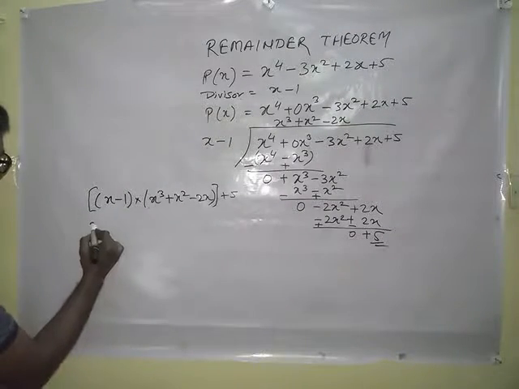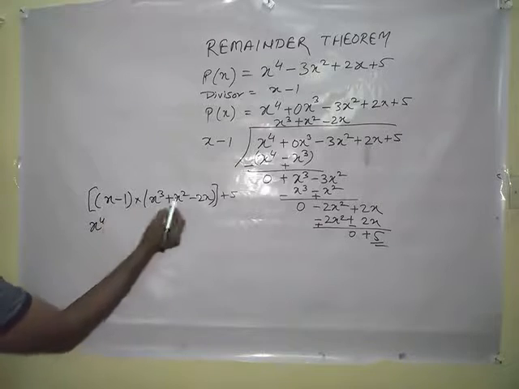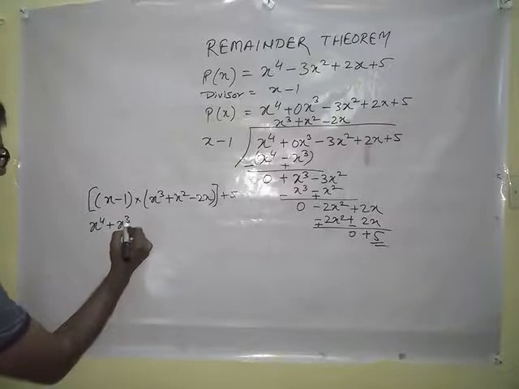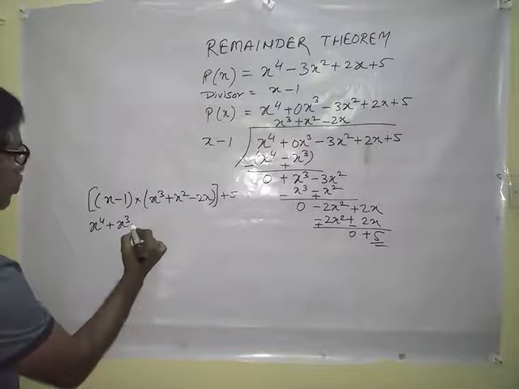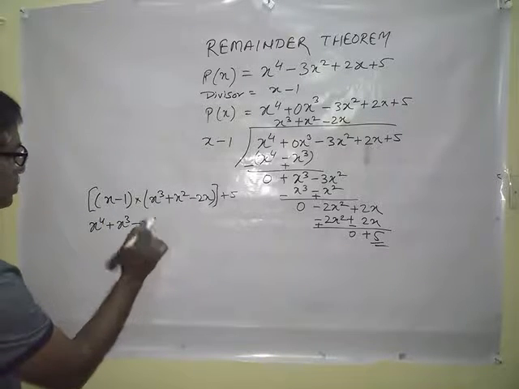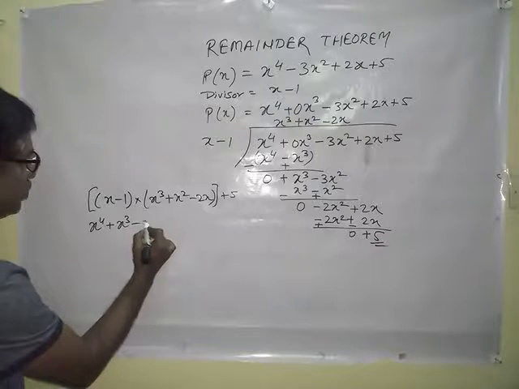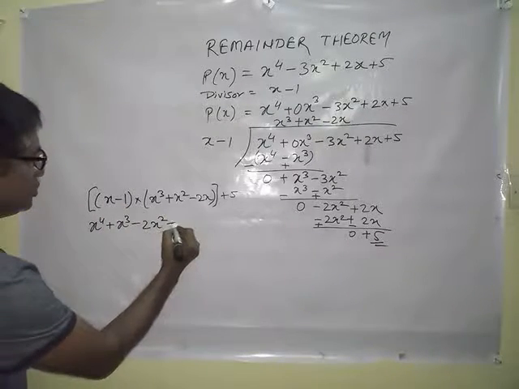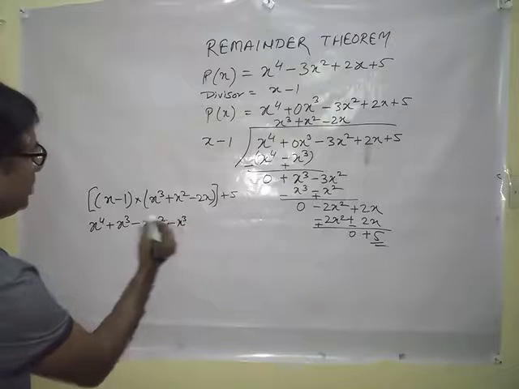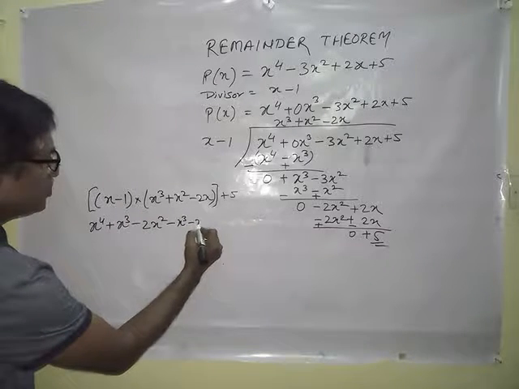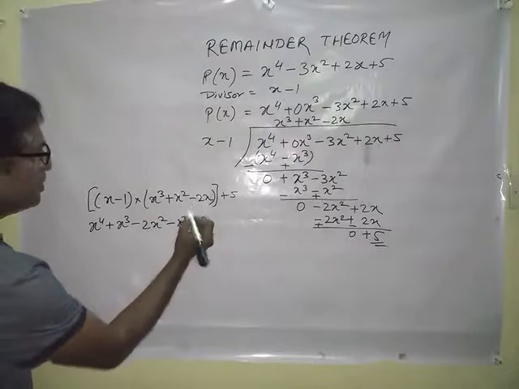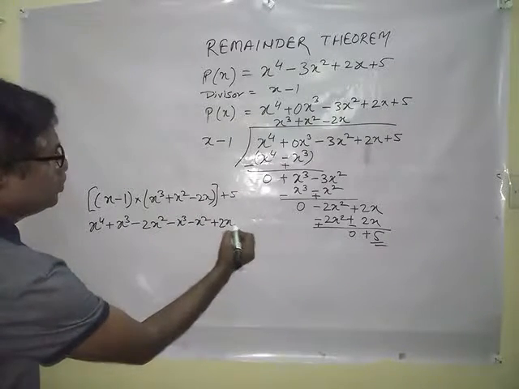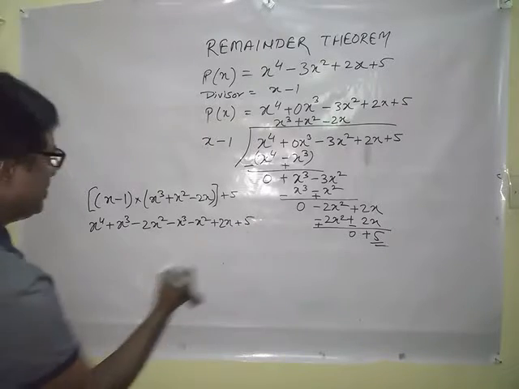x multiplied by x cube is x4, x multiplied by x square is plus x cube, x multiplied by minus 2x is minus 2x square, then minus 1 multiplied by x cube is minus x cube, minus 1 multiplied by x square is minus x square, minus 1 multiplied by minus 2x, minus minus will become plus 2x, plus 5.